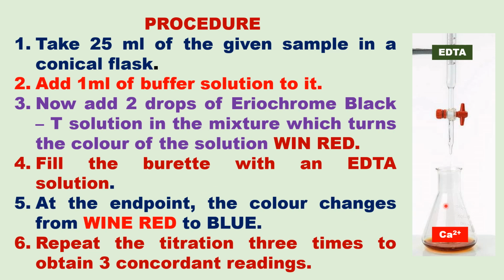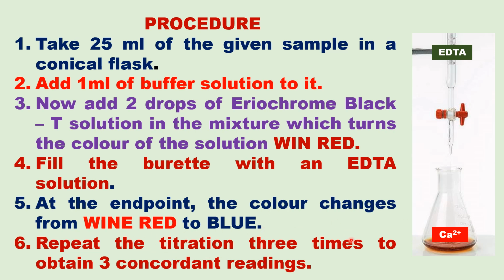At the end point, on adding EDTA, the color changes from wine red to blue because of the release of free Eriochrome Black T. Since the calcium EDTA complex is colorless, the release of Eriochrome Black T indicator gives blue color.